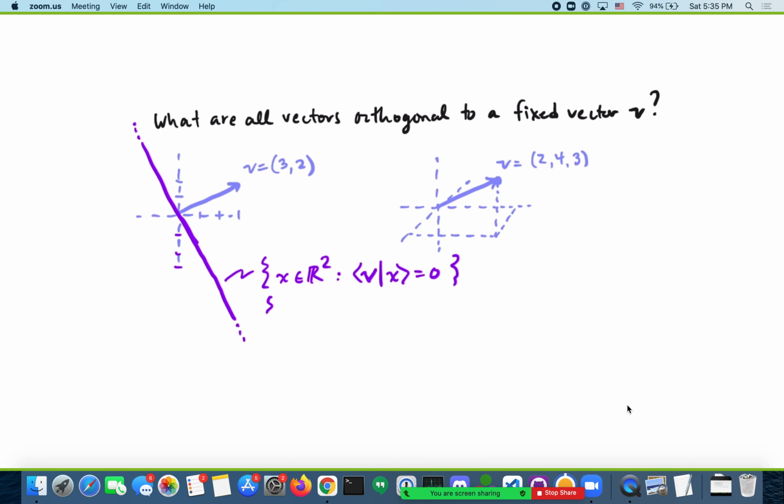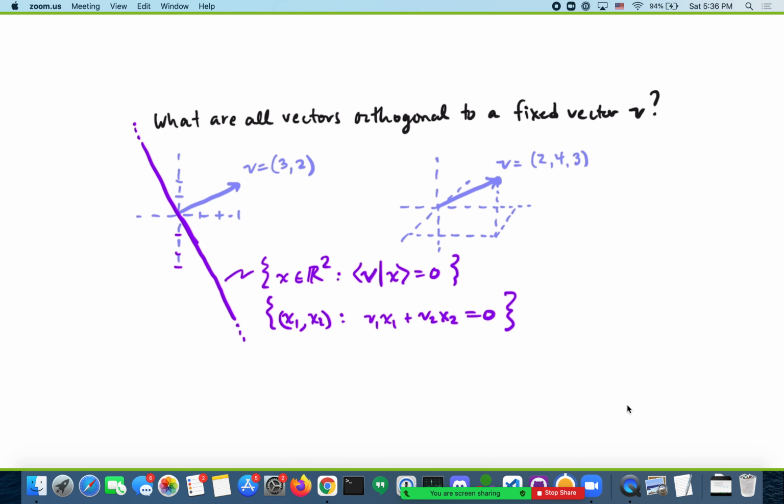And another way to write that is this is all the x1, x2 such that v1 x1 plus v2 x2 equals 0. That's just the definition of the dot product. This is a shorthand symbol, and this is what it really is. Okay, I'll close my set. So the set of all these points, the set of all these vectors, is this line.